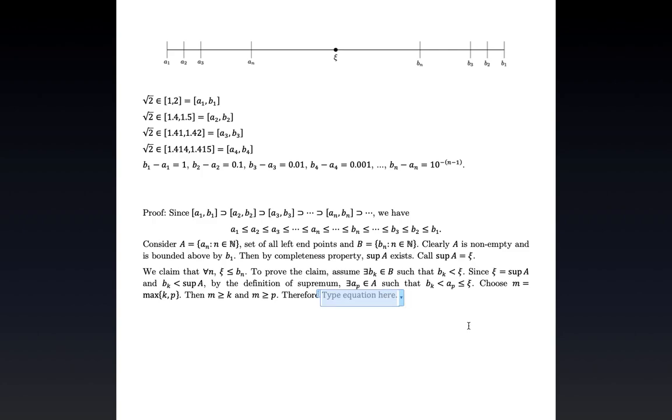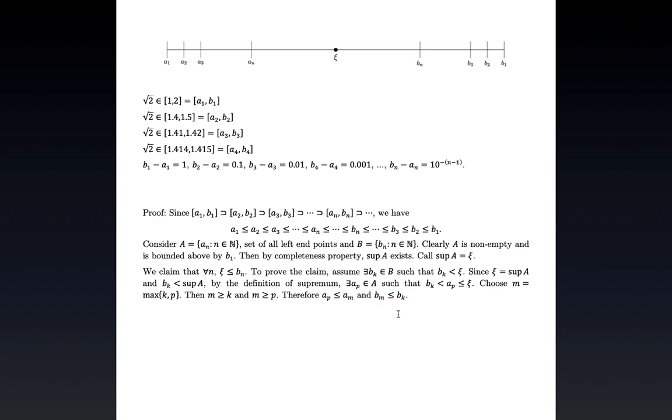Therefore we have AP will be smaller than or equal to AM, and BM will be smaller than or equal to BK, right?